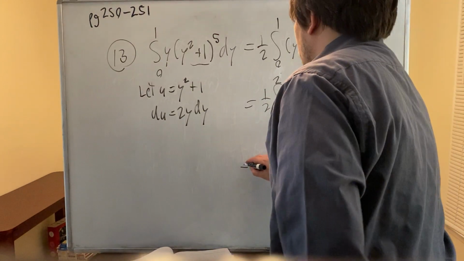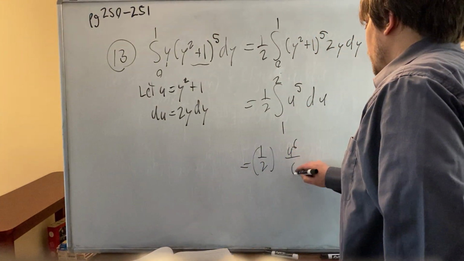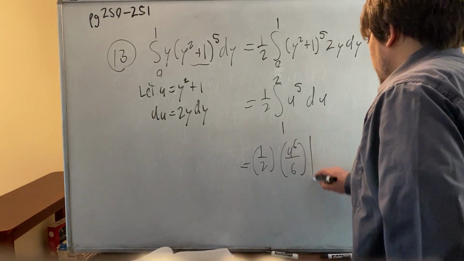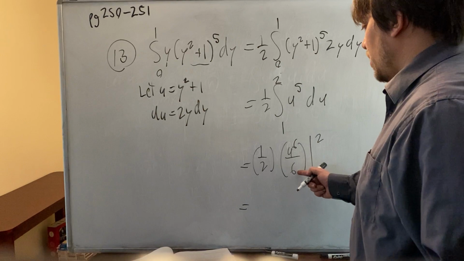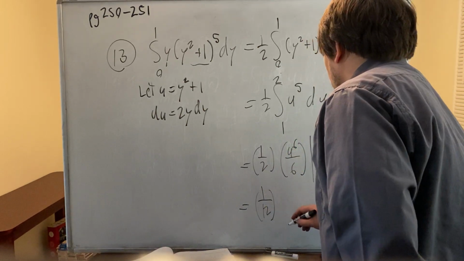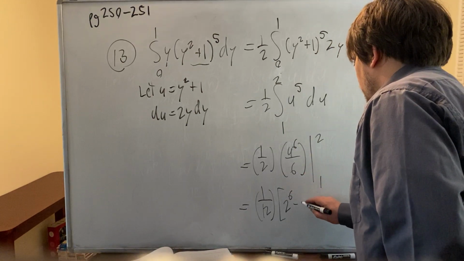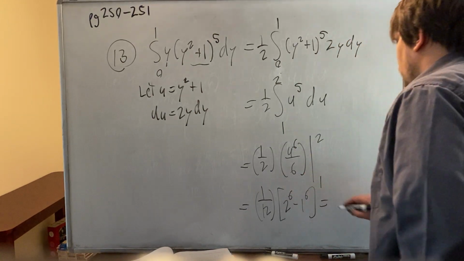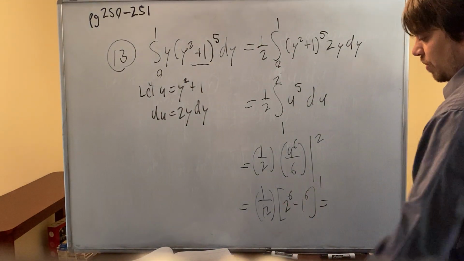This is now 1/2 times the antiderivative. The antiderivative of u to the 5th is u to the 6th over 6, evaluated from 1 to 2. So the denominator 6 makes it 1/2 times 1/6, which is 1/12 times 2 to the 6th minus 1 to the 6th. So you have 64 minus 1, which is 63.